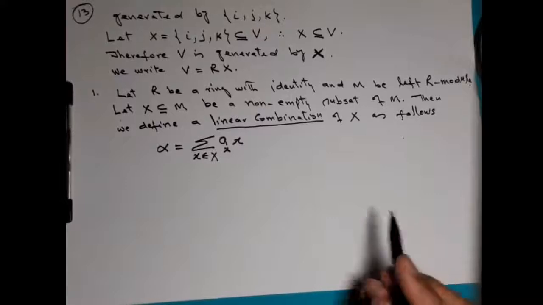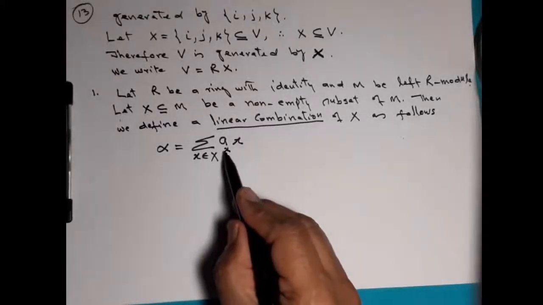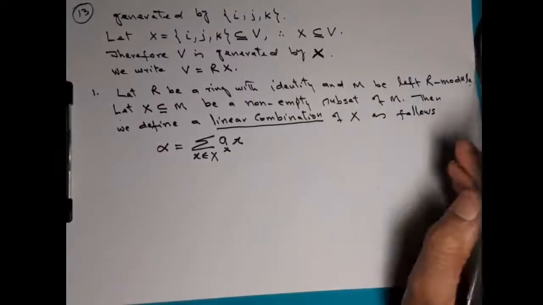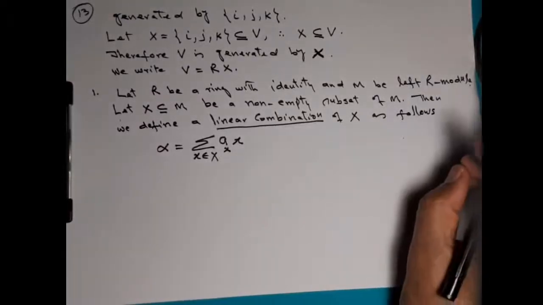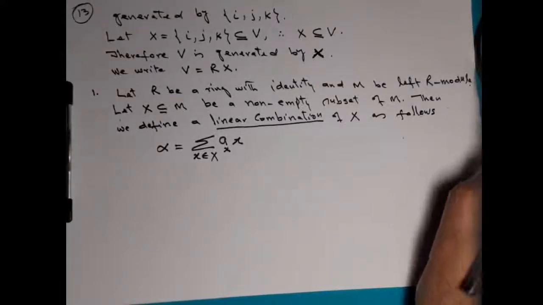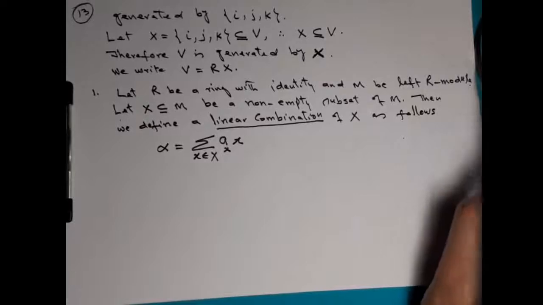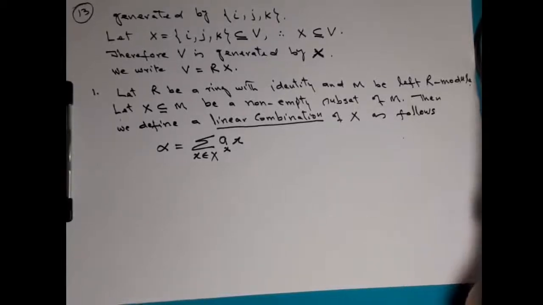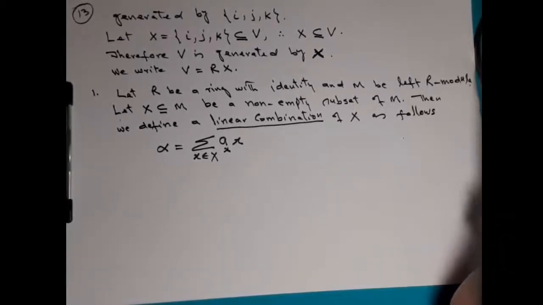Note that this is summation and the set X may have infinitely many elements, and you know that in general we cannot add infinitely many real numbers or infinitely many elements. We can do that in very special cases. You have studied these cases when you are studying infinite series, but in general we have to be very careful when we talk about sum of infinitely many elements.